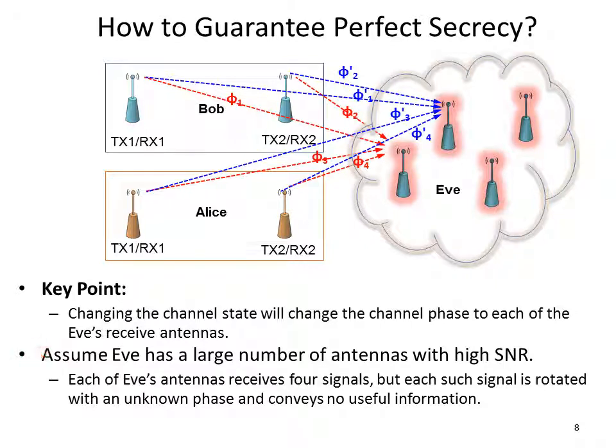And now, assuming Eve has a large number of antennas with high SNR for each antenna, what happens is that each of Eve's antennas receives 4 signals. Why 4 signals? Because in the process of exchanging a shared phase value, each of these antennas is used once as a transmitter.